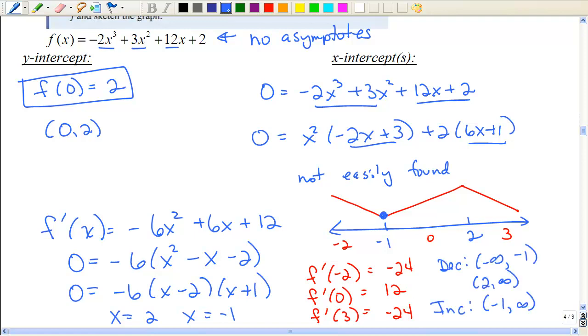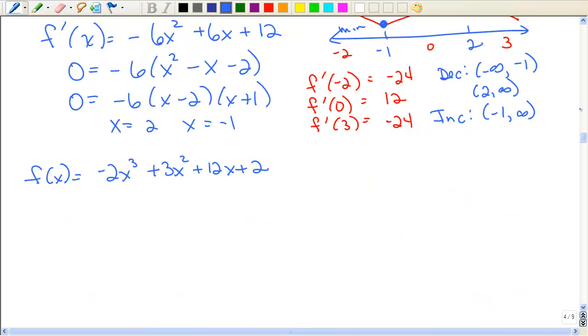I also know that I have a relative minimum there and a maximum there, and I need to evaluate those numbers as well. Remember, I need to come back up here to the function to get any y values on the actual graph. So in order to find my relative extrema, I know I have a minimum when x is -1.